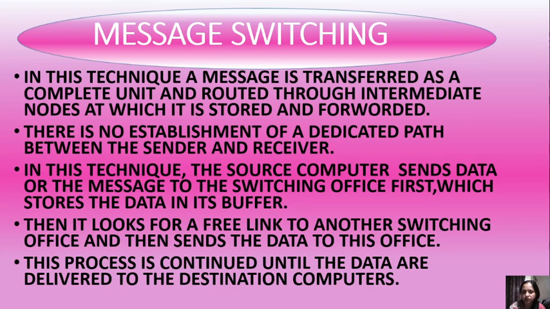The in-between node, or switching office, will receive the message and store it, and after getting a free path to the destination computer, it will be forwarded. So this is the concept here.